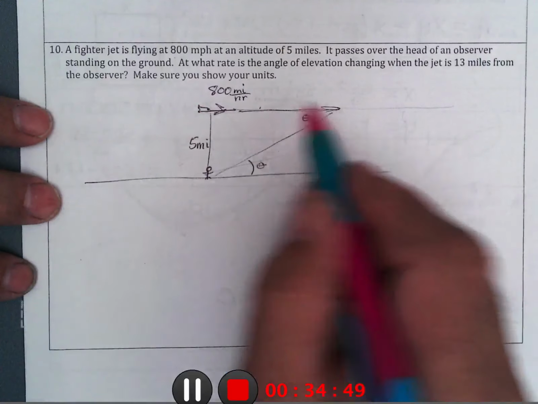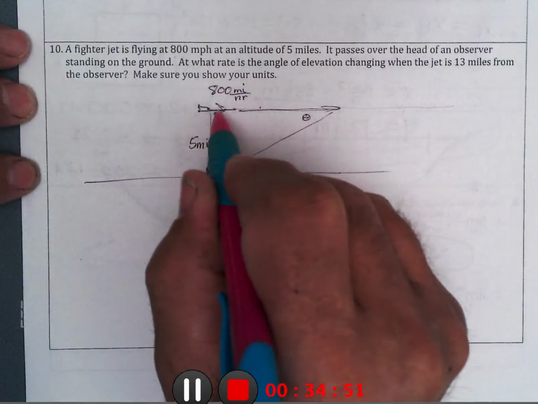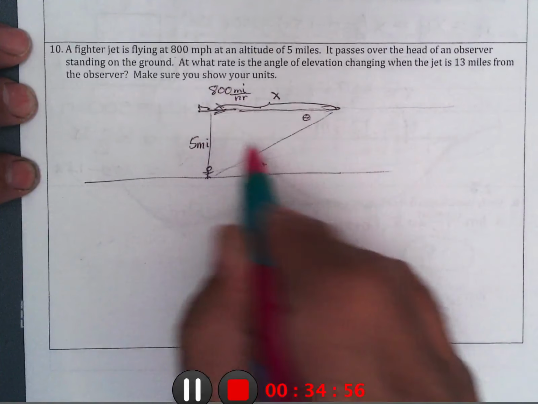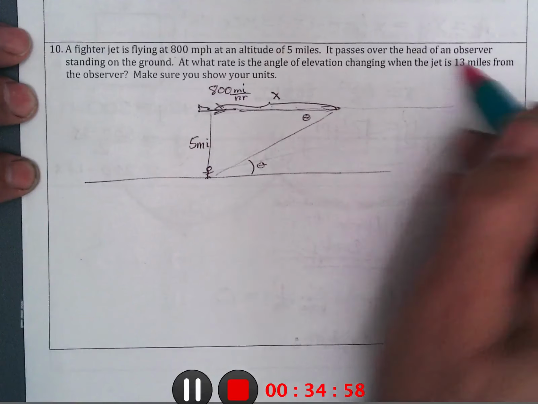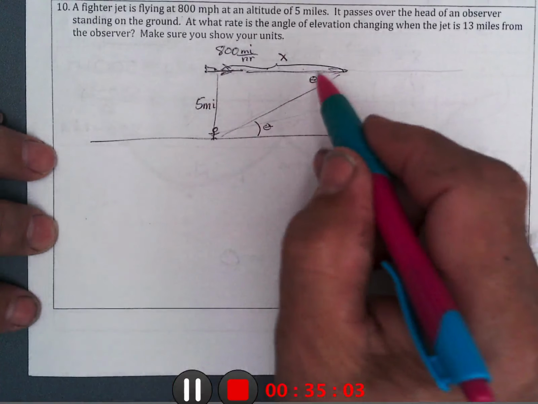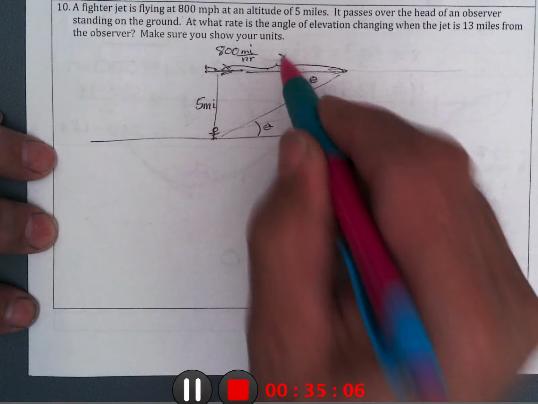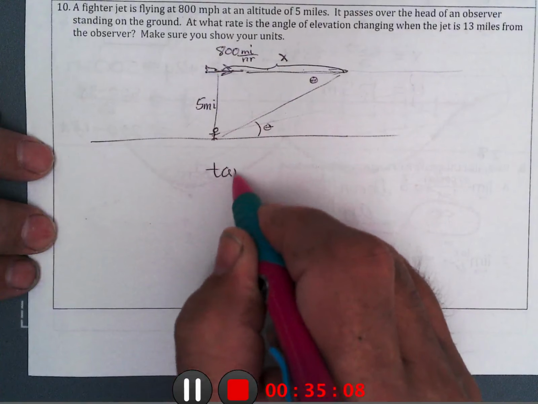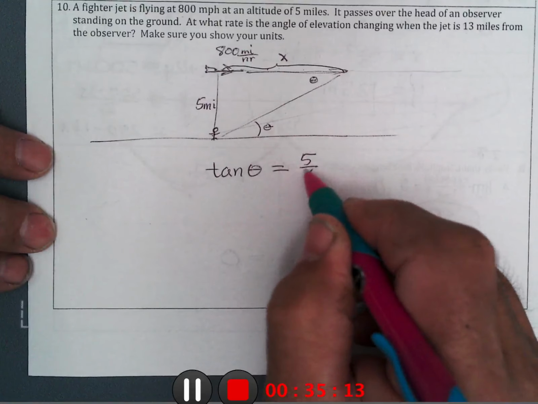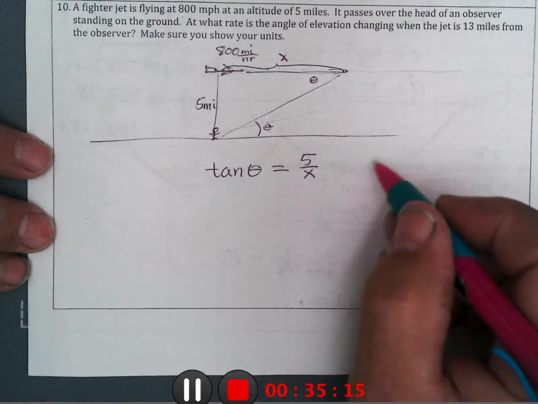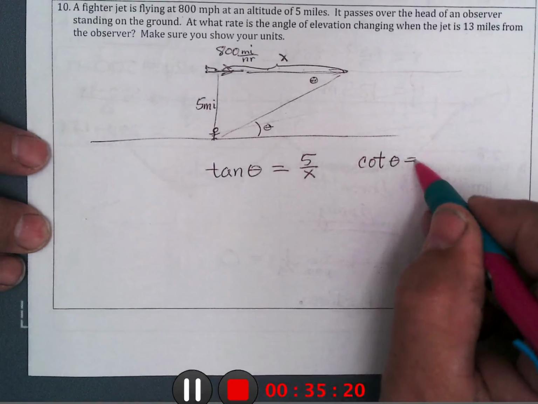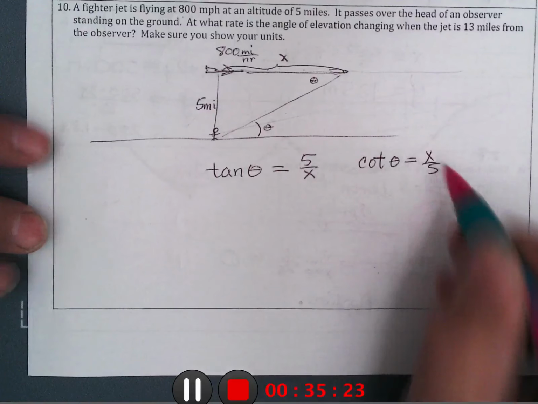So I'm going to call this distance x, and then we're going to let x be 13 at some point, but we don't want to put 13 in yet. So the relationship of this angle and these sides would be the tangent of the angle is 5 over x. Or I could write cotangent of the angle is x over 5. Either way.